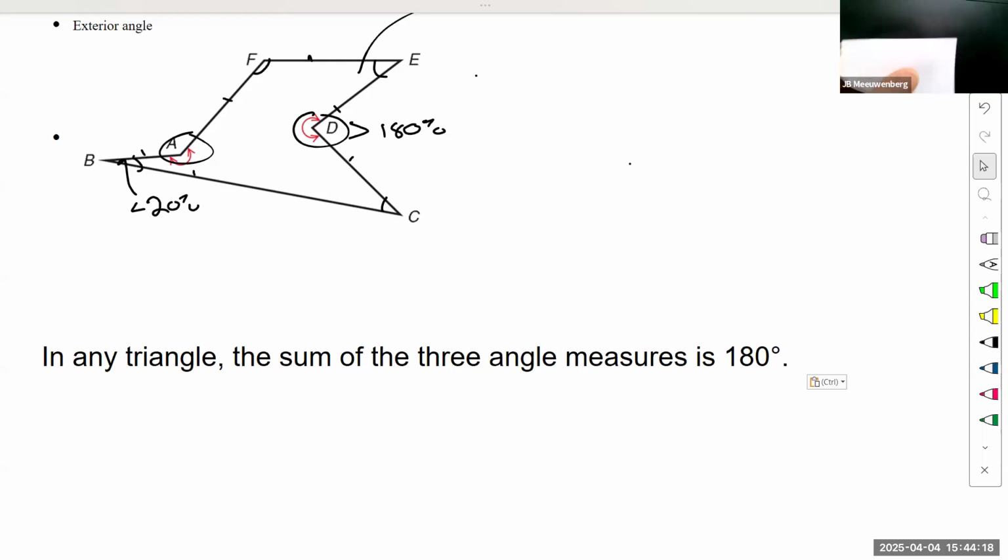I'm going to come back to my paper. I'm going to rip this one off. And I'm going to do the same thing with this one. So I'm just tearing the corners off those. Now we're going to take the vertices of our triangle and piece them together. What do you notice?